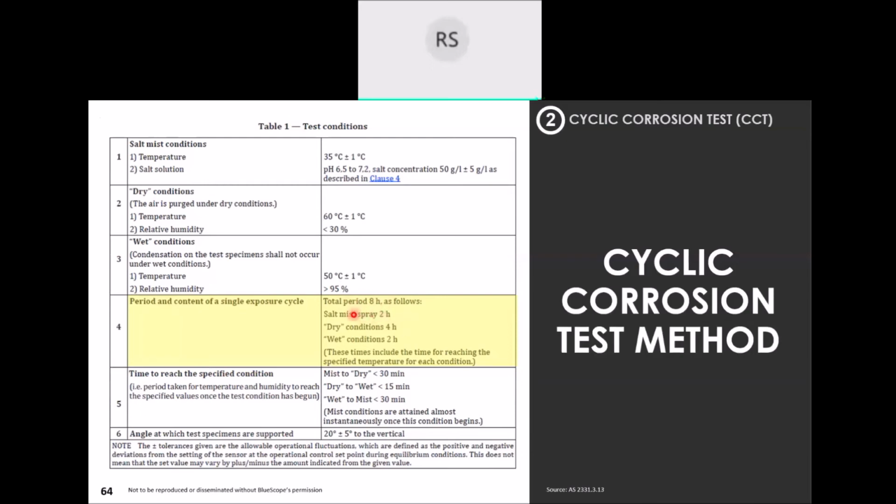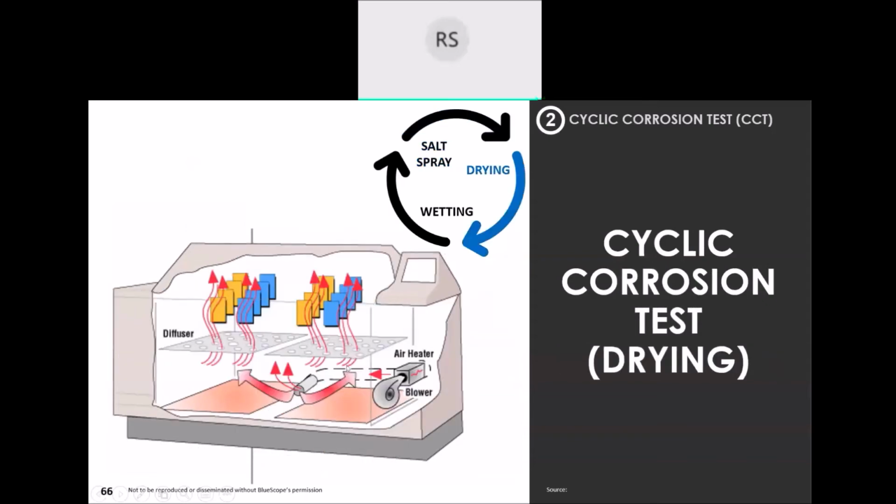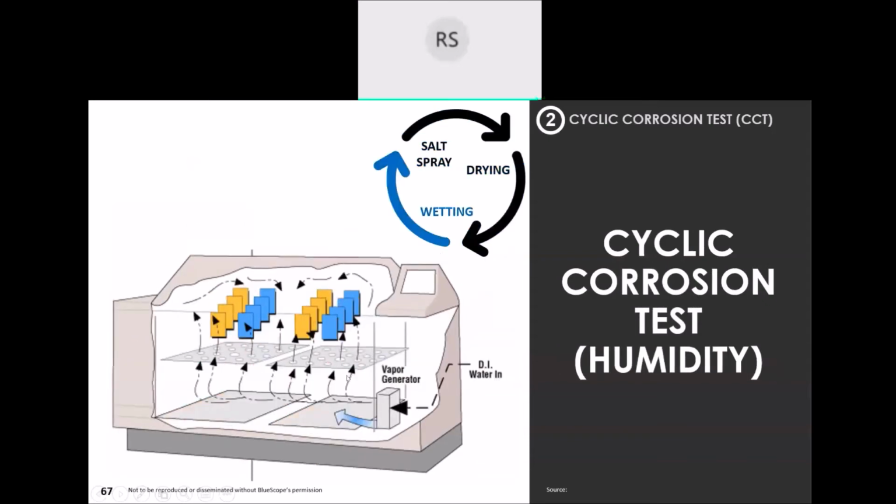It will have 2 hours of salt spray, okay, and then 4 hours of drying, and then 2 hours of wetting, right? So here you can see that it's actually 25% of one cycle that is salt spray. Okay, so again, you have the salt spray, the drying, and the wetting.